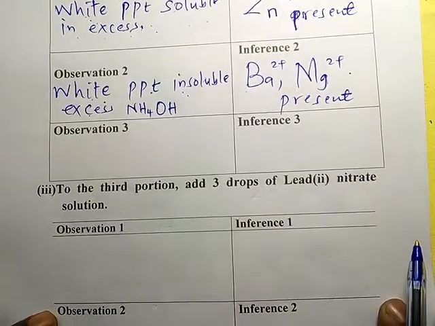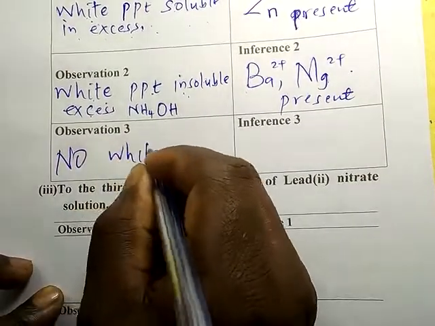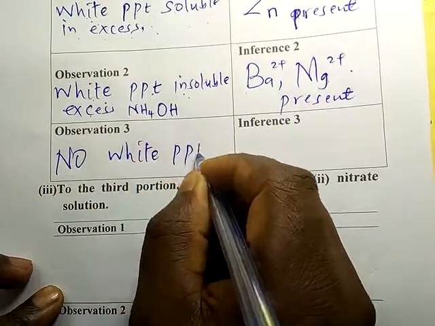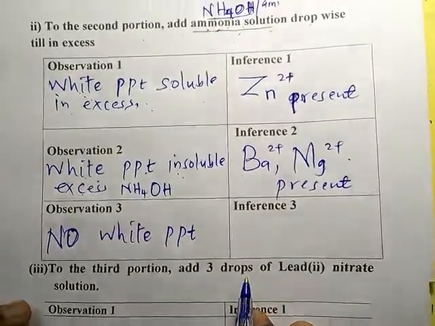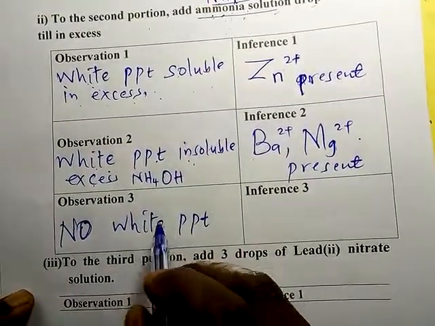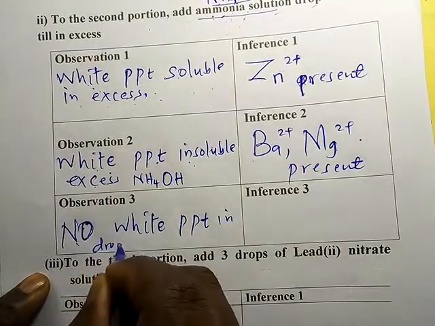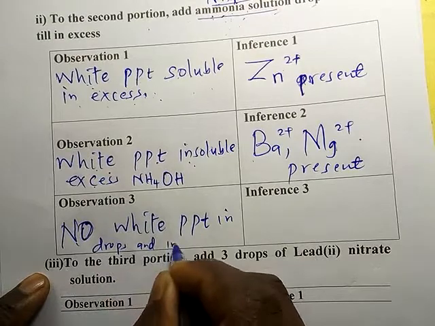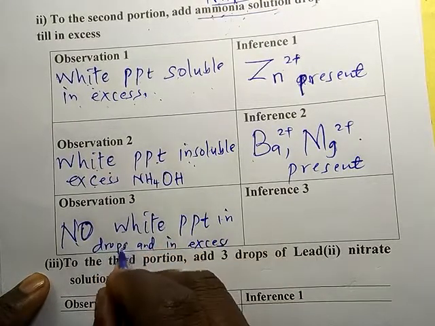The last observation is that there is no white precipitate. If there is no white precipitate and you are adding ammonia solution dropwise and in excess, there is no white precipitate in drops and in excess.